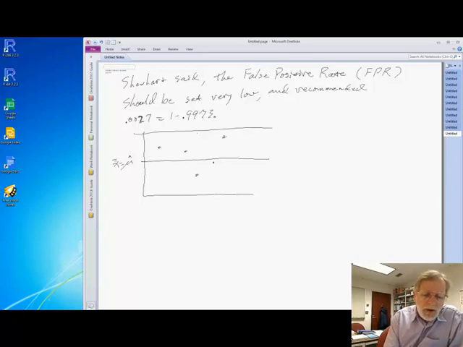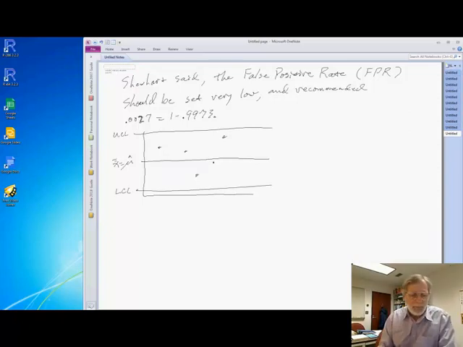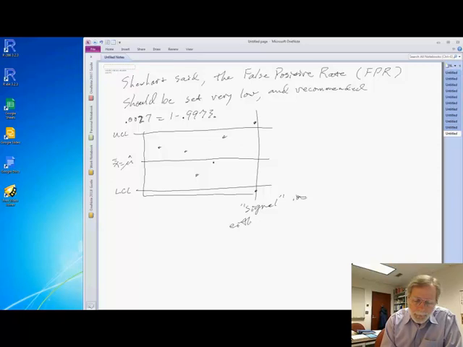He says, we've got ourselves these control limits, and we cry foul when we get a point up here or a point down here. Signal, in either case. What we're really about is this.